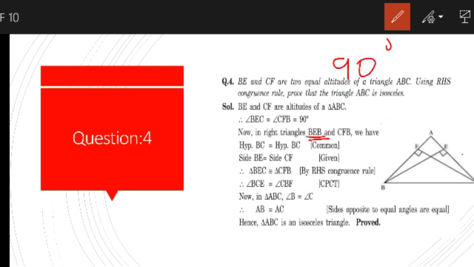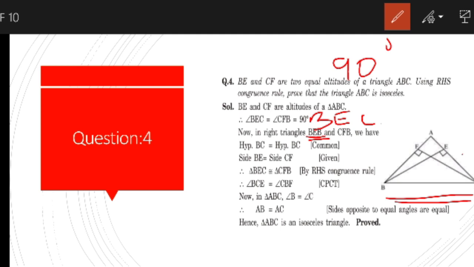So in the right angle triangles BEC and CFB, we have the hypotenuse BC as the common side. So hypotenuse BC is equal to hypotenuse BC, common side.